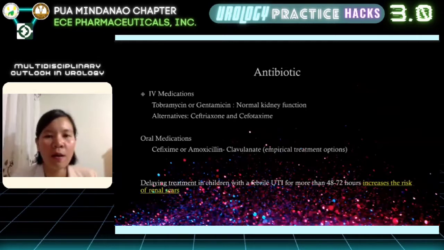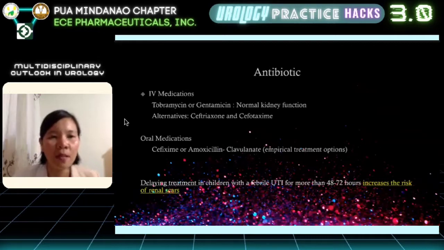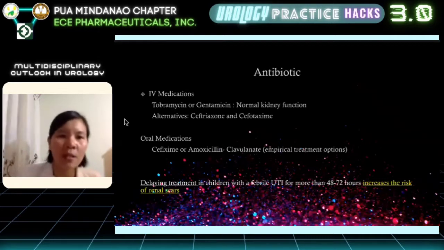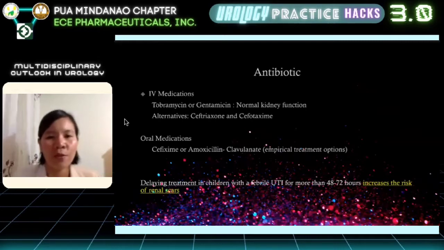Before the cultures are available, these are the choices of treatment for the patient. For those patients needing IV medications, if the patient has normal kidney function, tobramycin and gentamicin are started.